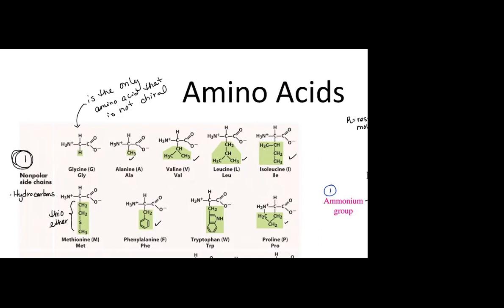Because remember that we learned before that when an oxygen atom has carbon chains on either side, that is known as an ether. So here, because we have a sulfur instead of an oxygen, that's why this is known as a thioether. Okay, so that is methionine.